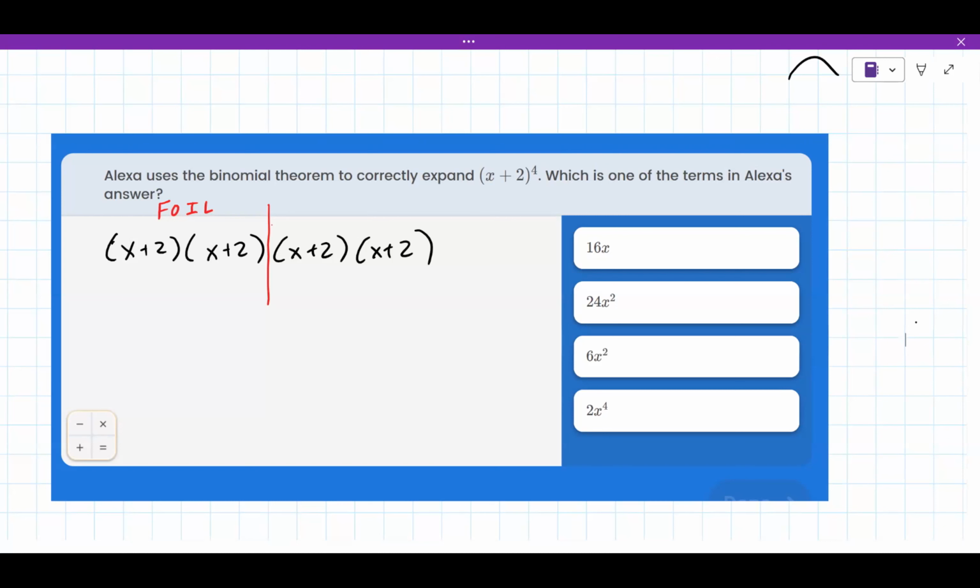Okay, so I FOILed one, and I got x squared plus 4x plus 4.